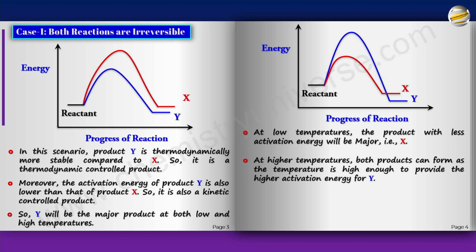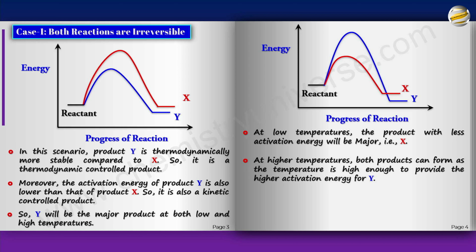But even then, you will realize that since both reactions are irreversible, they cannot go back. So it does make sense to understand that even at higher temperatures, X will be major, despite the fact that it is not stable. And that is because when you compare X and Y formation, the rate of X is anyway going to be higher than Y, even at higher temperatures, because X requires less activation energy.